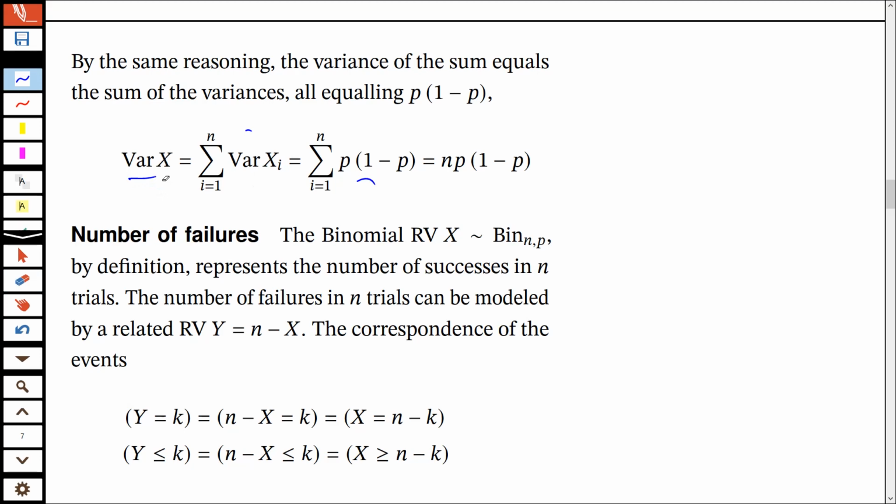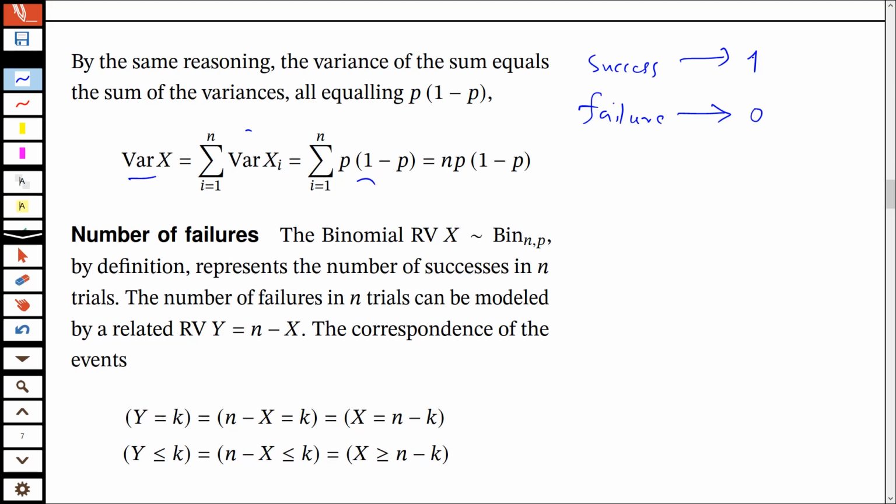One more thing is you must recall the meaning of failure and success in the language of Bernoulli trial. This should have nothing to do with how we see failure and success in the real world. In the language of Bernoulli, success is the event to which we have assigned 1, and failure is the event to which we have assigned 0.